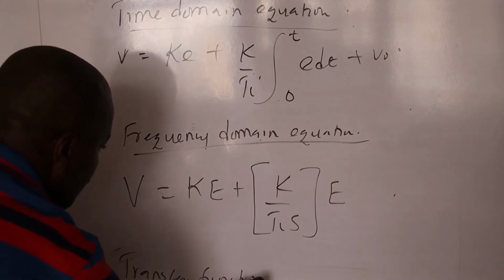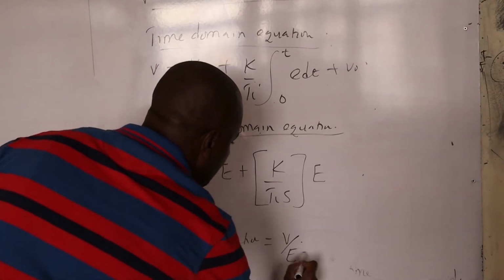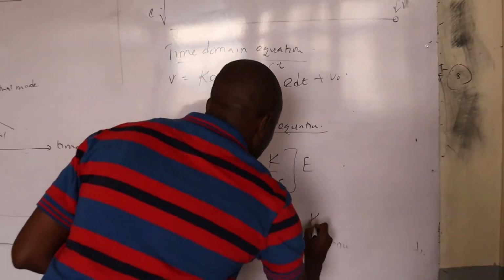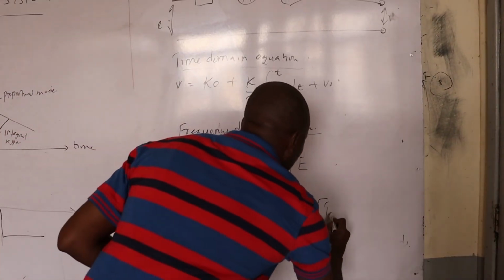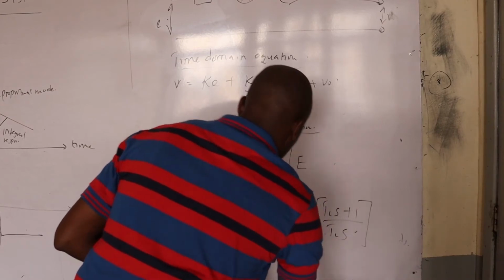The transfer function is given as output over input, that is V over E, which is K times Tis plus 1, all over Tis.